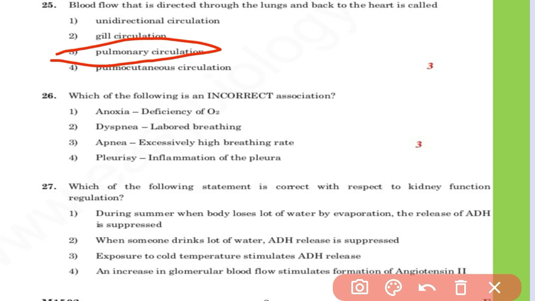Anoxia is harmful to the brain. After about 4 to 5 minutes without oxygen, your brain can become permanently damaged. So deficiency of O2, that is anoxia, it is true. Now second, dyspnea, labored breathing.